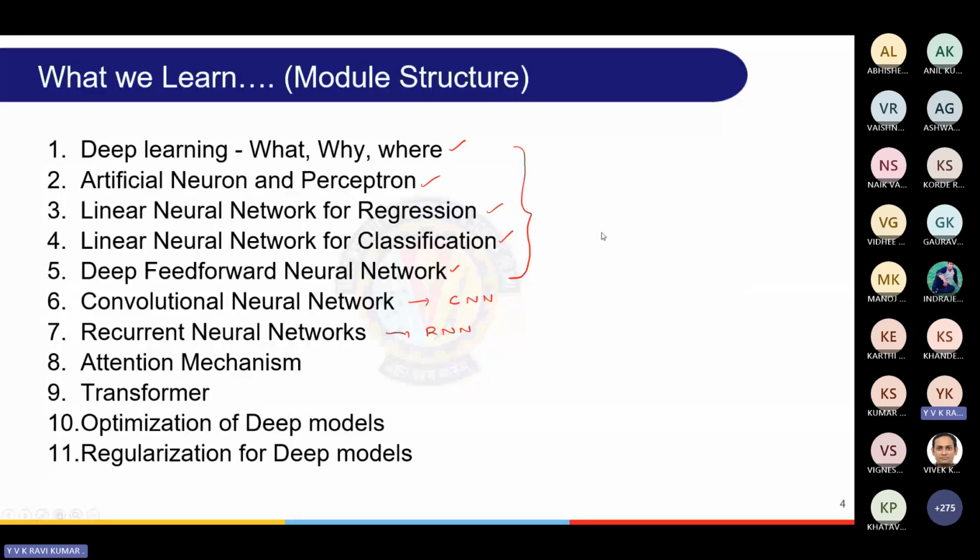So then we'll have the discussions related to exclusive algorithms or architectures: CNN, convolutional neural networks, then recurrent neural networks, then LSTM. Some of you might have heard these names already. Then another important concept, the attention mechanism, and most importantly, the transformer architecture. We are already familiar with using things like ChatGPT.